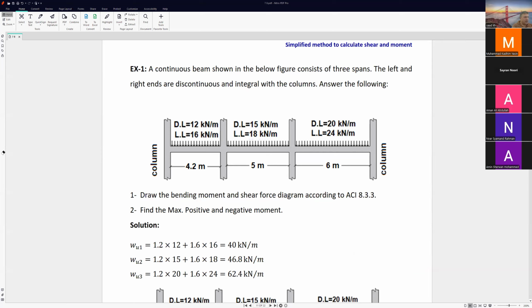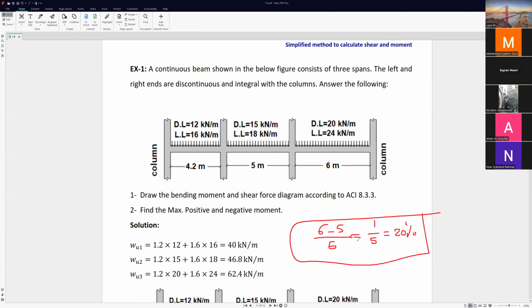So here we have, for example, 6 minus 5 divided by 5, which is 1 over 5, times 100, equal to 20%. Okay, it is 20%. So this is also acceptable. What about live load over dead load?